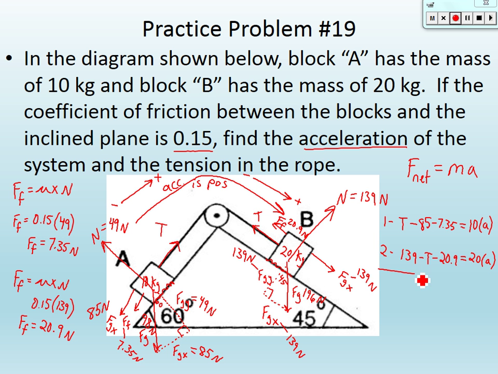When you get to this point, your tension should always cancel out, positive tension minus tension. Tensions are gone. Now let's solve it. We've got positive 139, negative 85, negative 7.35, and negative 20.9. So 139, let's subtract all of those.